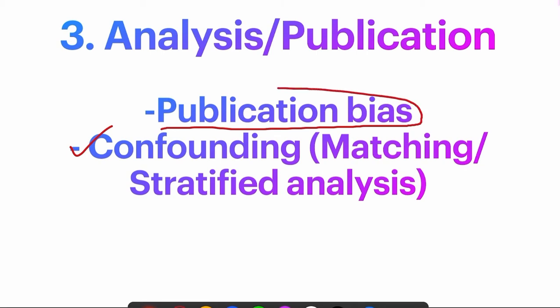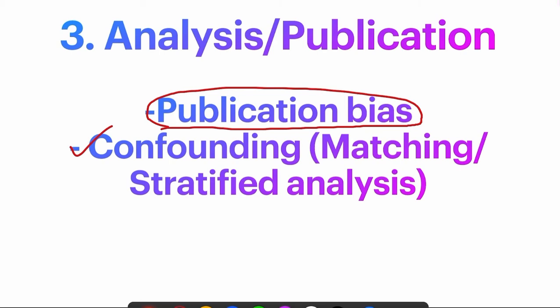Publication bias is selectively reporting the findings or purposefully omitting findings for the sake of publication or due to compulsion from external funding agencies. Now, confounding bias occurs when we are finding a relationship or association between two variables, that is between an exposure factor and the outcome factor.